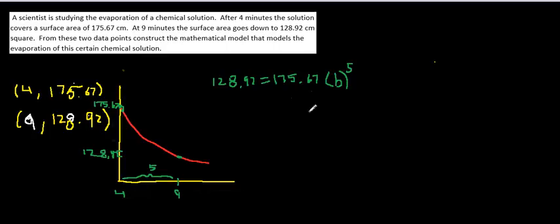Now from there, it's just a matter of solving for b, so we divide both sides by 175.67. This cancels out. Now, to get b by itself, you want to raise the power to its reciprocal.